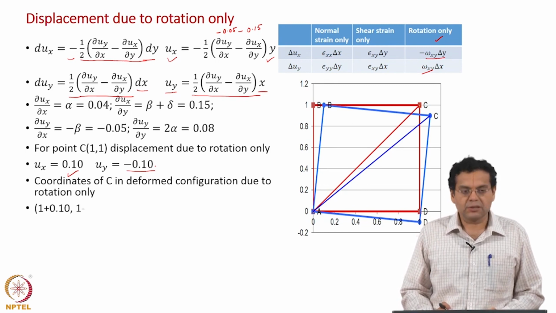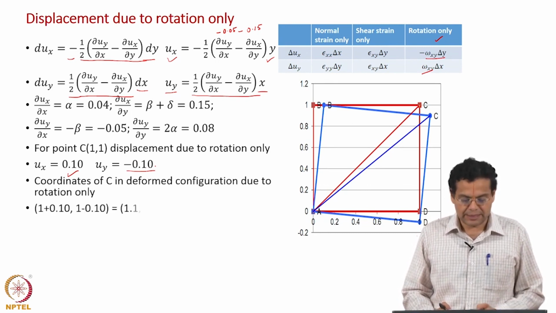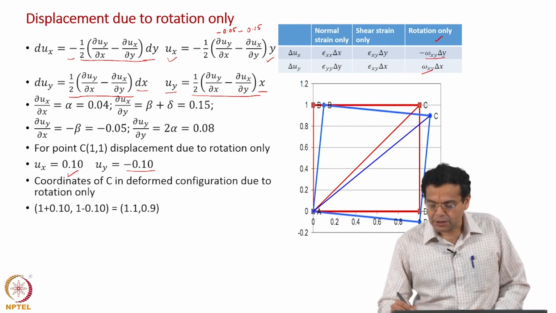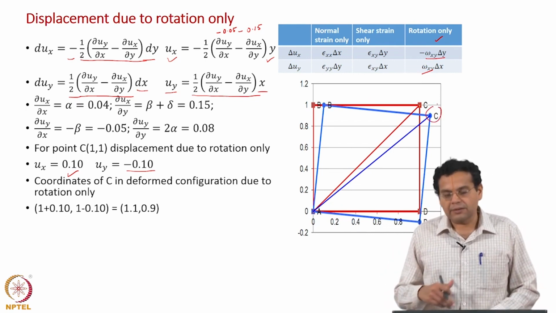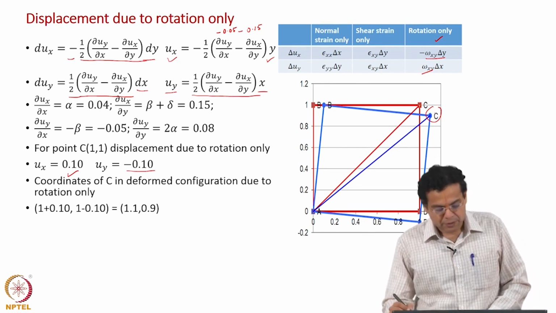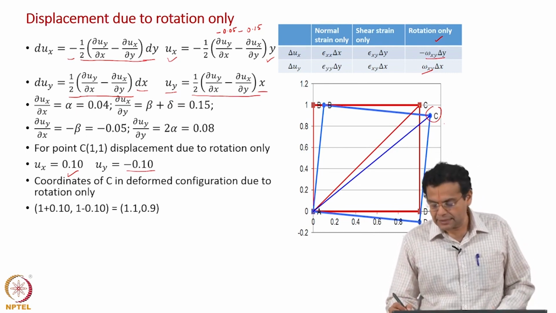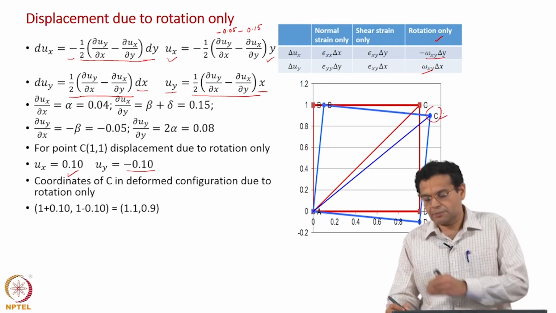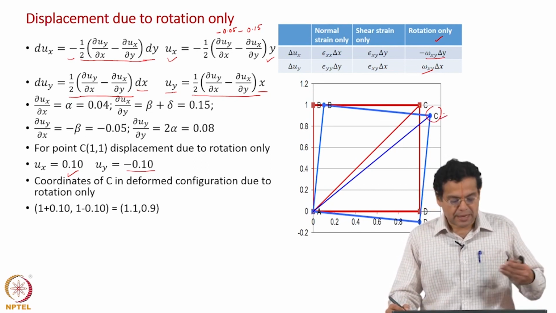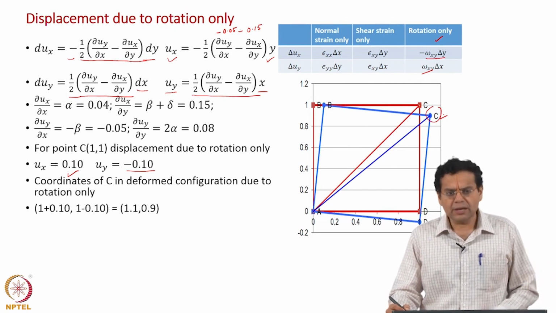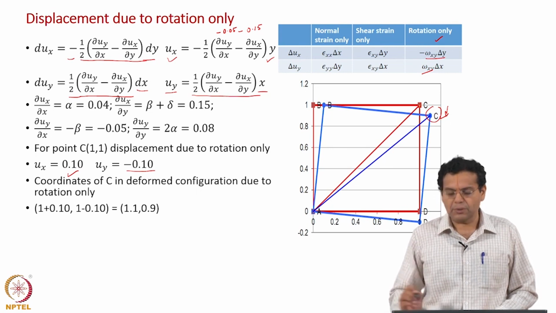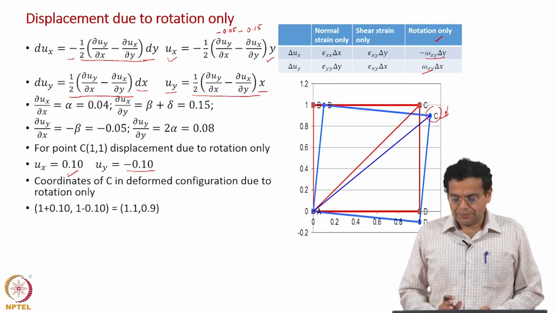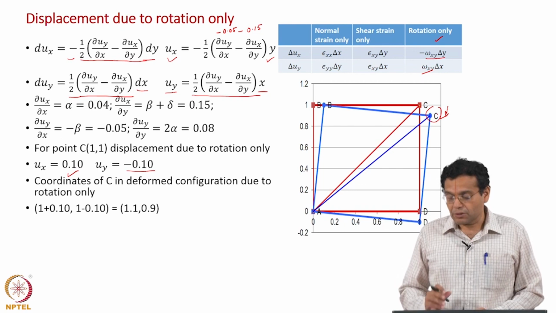Add to the original coordinates, you get 1.1 and then 0.9, and that is what is shown here. The element has just rotated; you can calculate for other points as well. The x coordinate is 1.1, which means it has displaced to the right, and the y coordinate is 0.9, it has been displaced down, and that is why it is below 1. So only rotation has been considered.